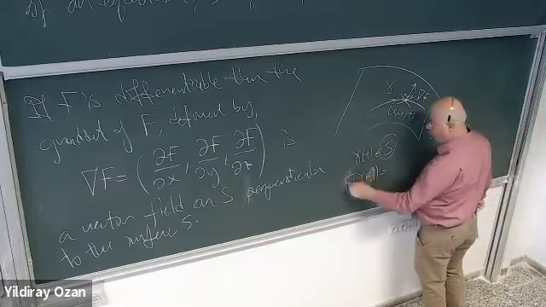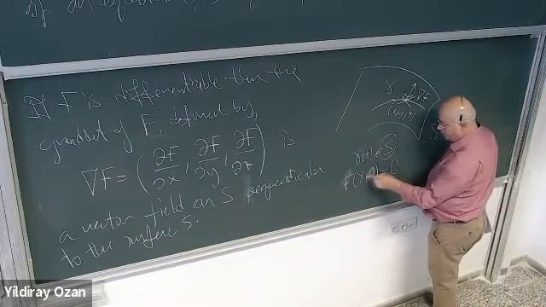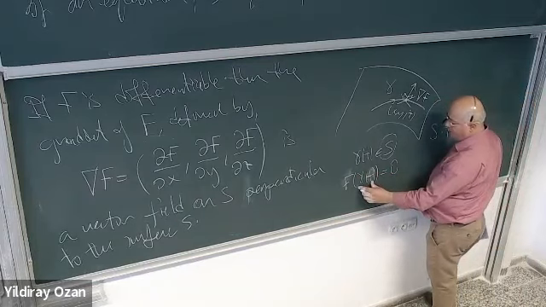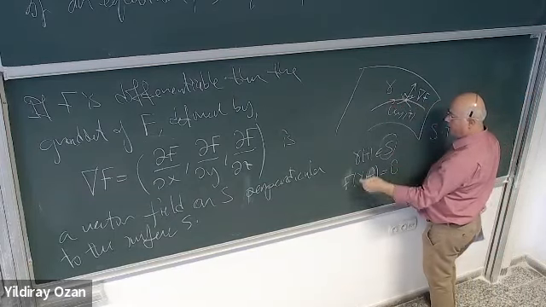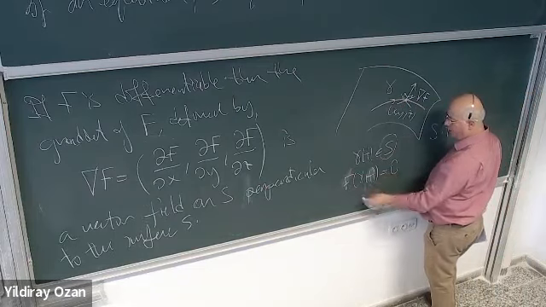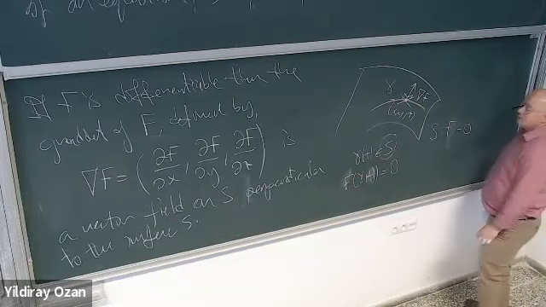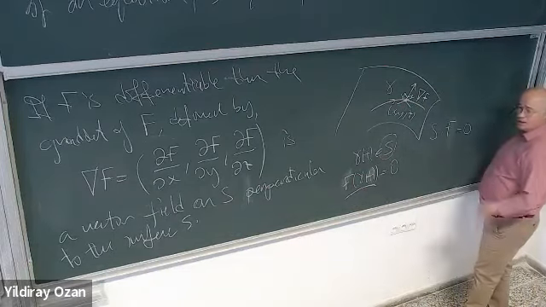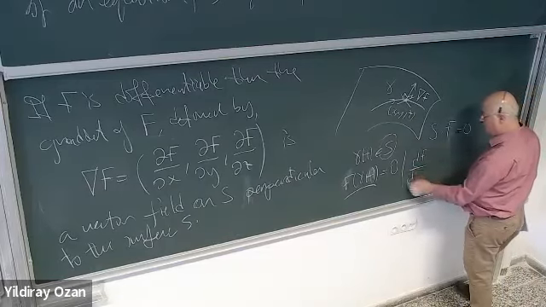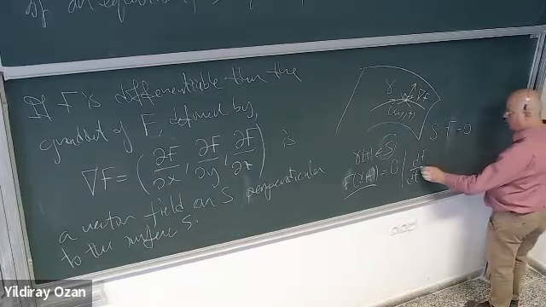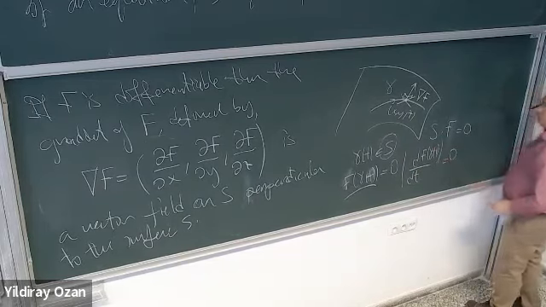So F of gamma(t) is zero, right? But I can consider this as a function of t. Gamma(t) is this curve, and when you plug it inside F, you get a function of t. But this function is constant and equals zero. Since it is constant, its derivative will also be zero, right? So when I take the derivative of F of gamma(t), it should still be zero. But what is this derivative?